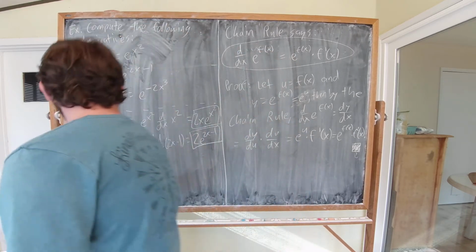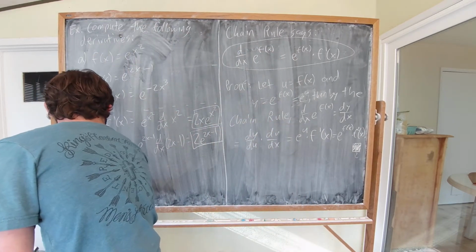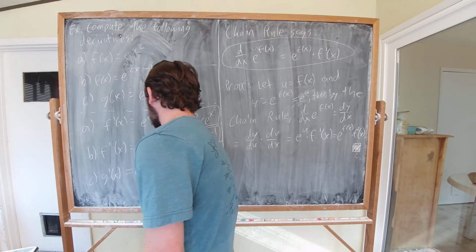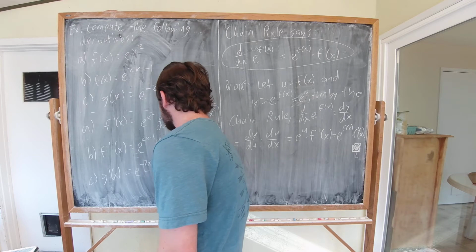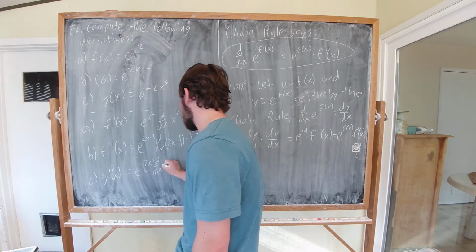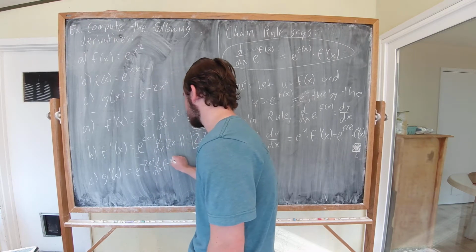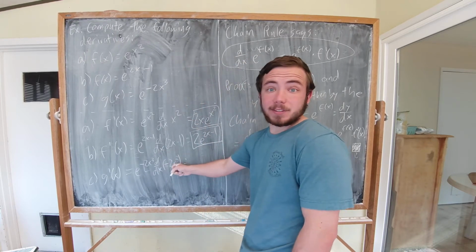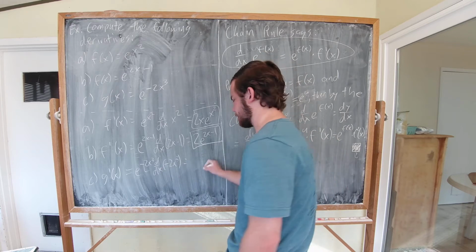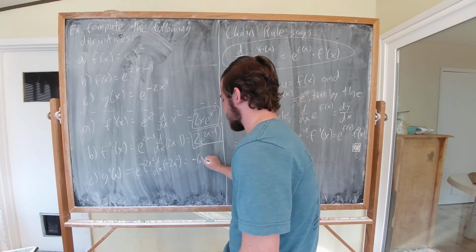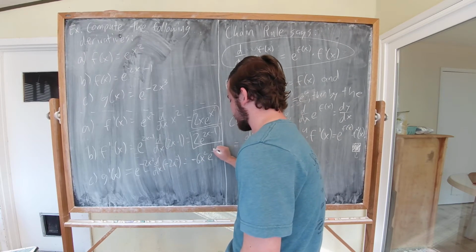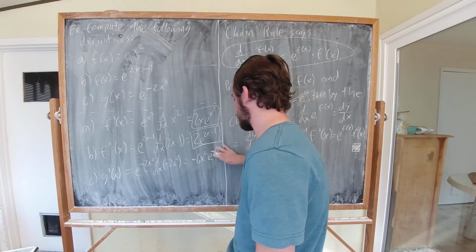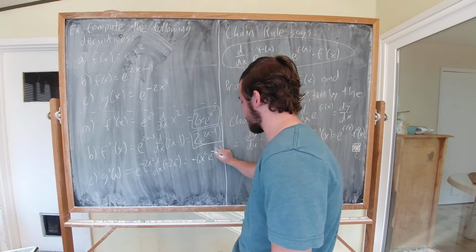And finally, g prime of x will be e to the negative 2x cubed times the derivative with respect to x of negative 2x cubed, which will give us a negative 6x squared, so that just gets multiplied in front. Negative 6x squared e to the negative 2x cubed. There we go.